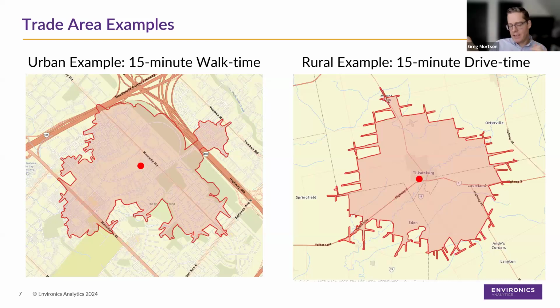And you'll see on the right-hand side a rural example with a bit of a larger area. So this process was done with each of your businesses to gain an understanding of the primary households and population in which you serve and you're hoping to attract.